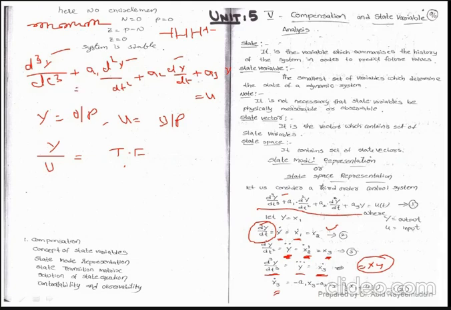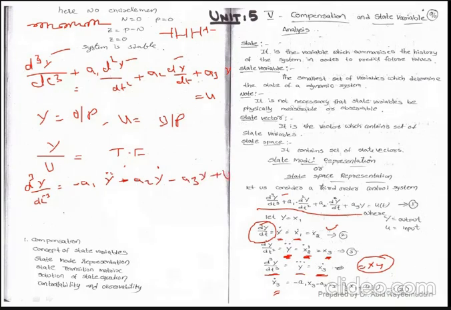From this expression I can write d power 3 y by dt power 3 is equal to minus a1 into y double dot minus a2 into y dot minus a3 into y plus u.